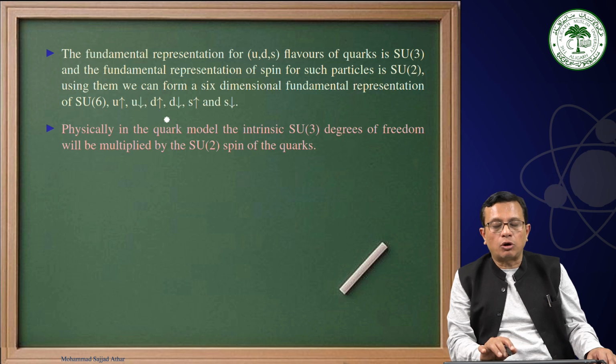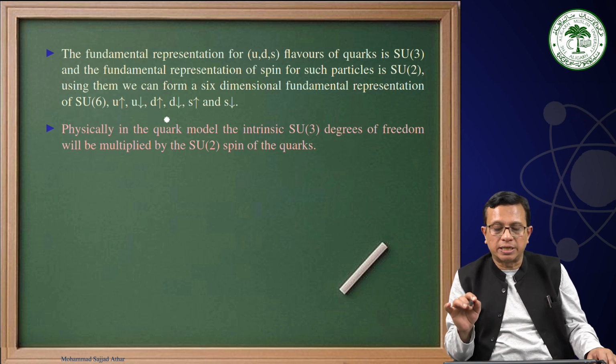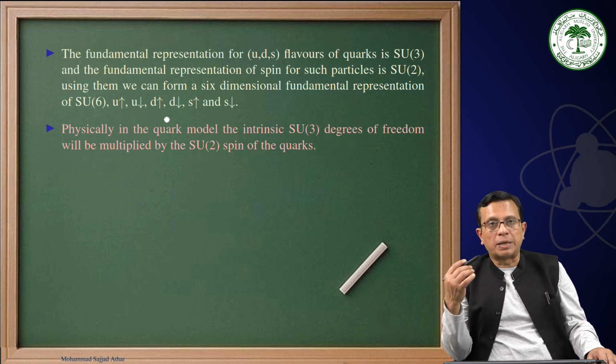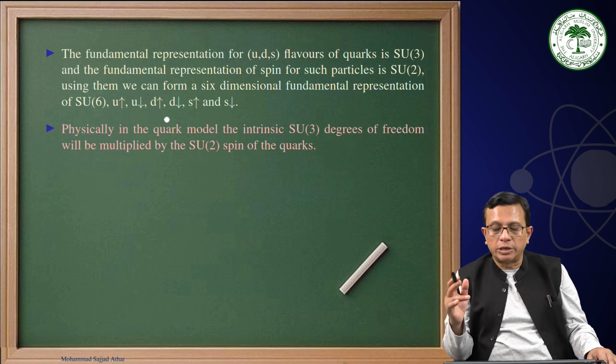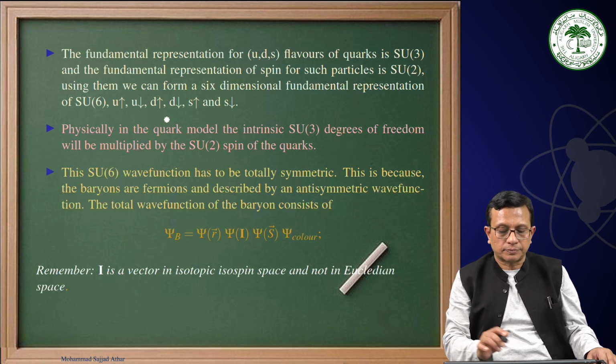Now, physically in the quark model, the intrinsic SU3 degrees of freedom will be multiplied by the SU2 spin of the quarks.